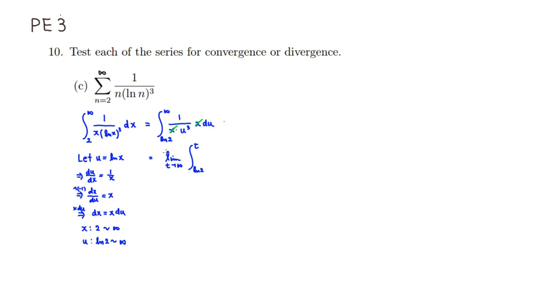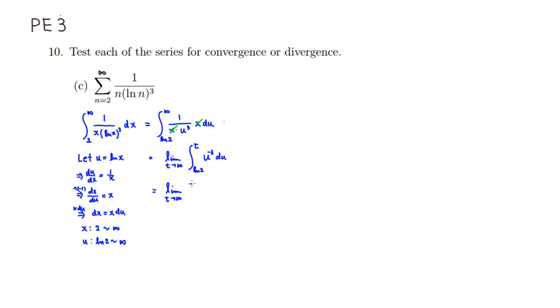I don't like fractions, so I'm going to write 1 over u cubed as u to the negative 3 power. Then we want to take the antiderivative with respect to u. We'll take care of this limit later.